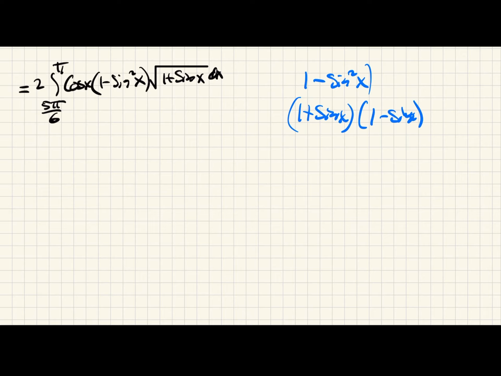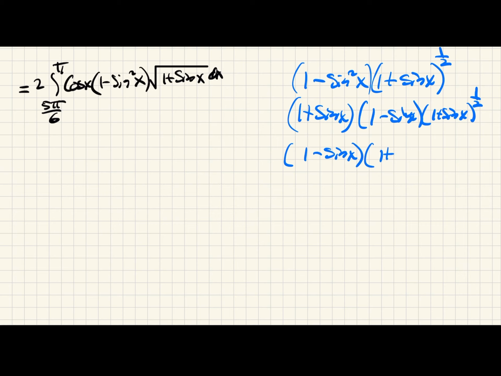And if I multiply that by 1 plus sine x to the 1/2, which is what the square root of 1 plus sine x is, then wouldn't that combine with the 1 plus sine x to make 1 plus sine x to the 3/2? So wouldn't I have 1 minus sine x times 1 plus sine x to the 3/2?